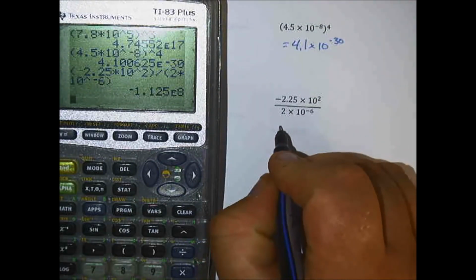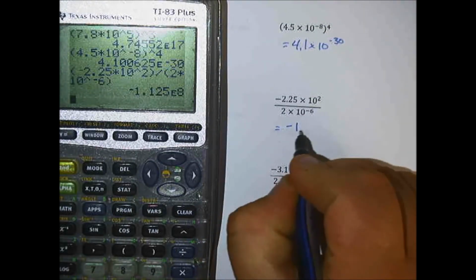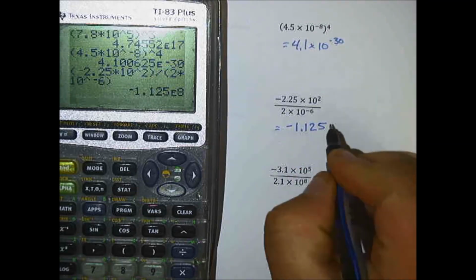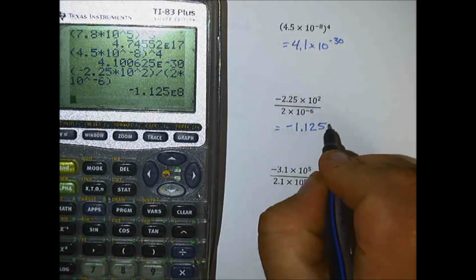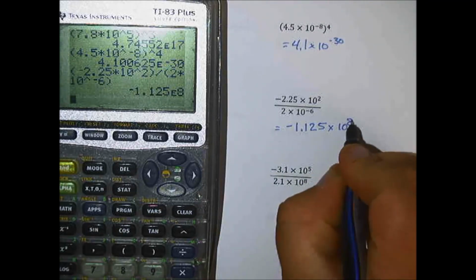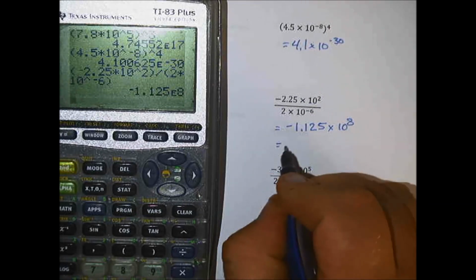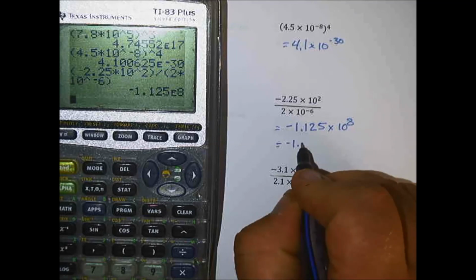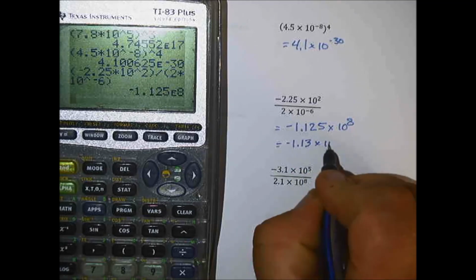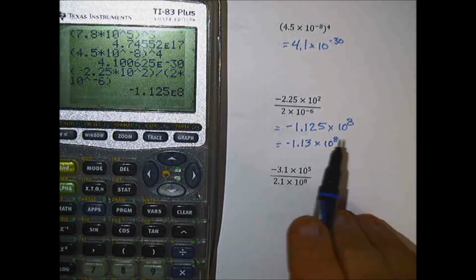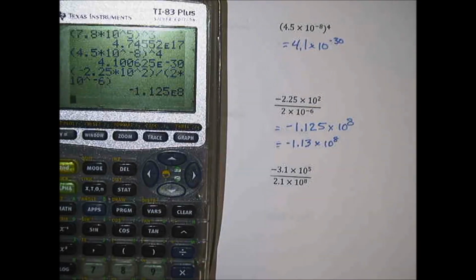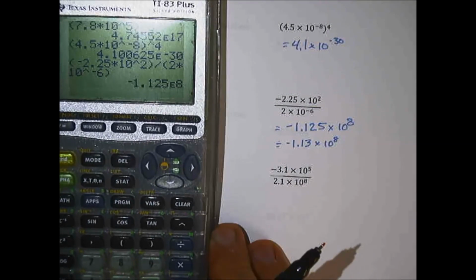And we're left with negative 1.125 times 10 to the 8th. I'm going to round that again to negative 1.13 times 10 to the 8th. So remember, rounding does nothing to our exponents. Okay, we're just taking away some numbers there, make it a little bit easier to handle.